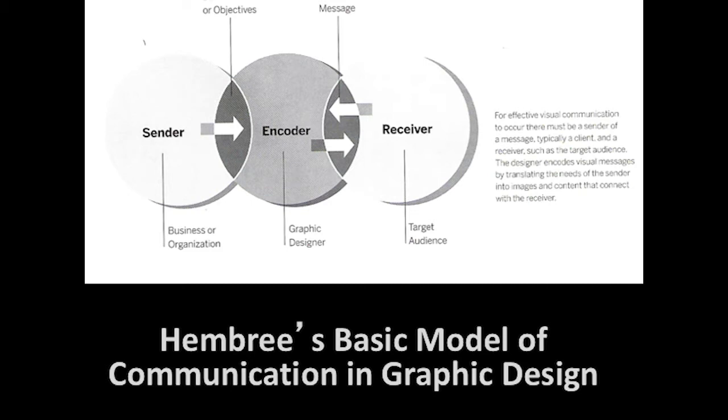The graphic designer encodes the visual messages by translating the needs of the sender into the images and content that connect with the receiver. In other words, if you're an organization, let's say you're a theater group, well, obviously you want people to come to see the latest performance of your play.